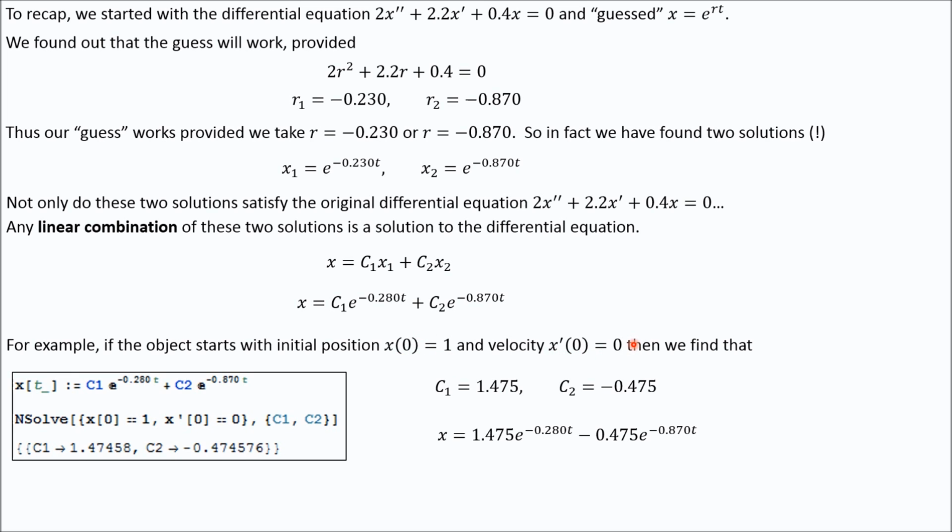And you might recall from the first homework, when you were doing the steel beam problem, it was a fourth order differential equation, and there ended up being 4 arbitrary constants, and so we were able to deal with four initial conditions. So you got a system of 4 equations and were able to solve for the 4 constants. Here we have a second order differential equation, so there are 2 constants, and therefore 2 initial conditions can be satisfied.